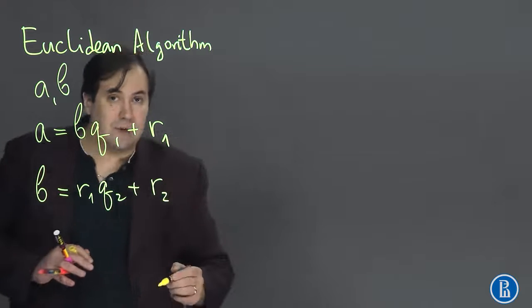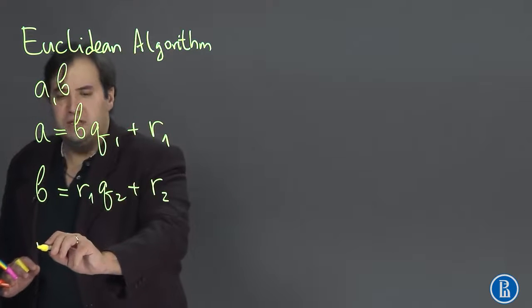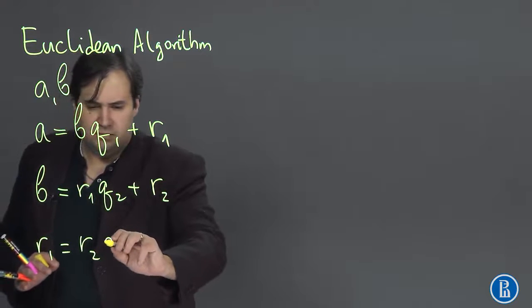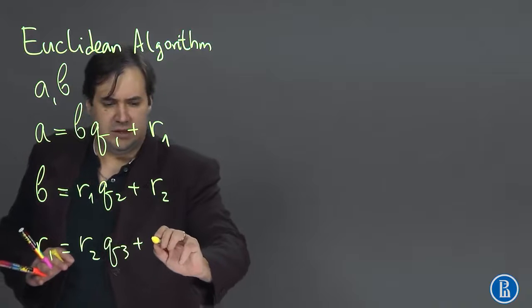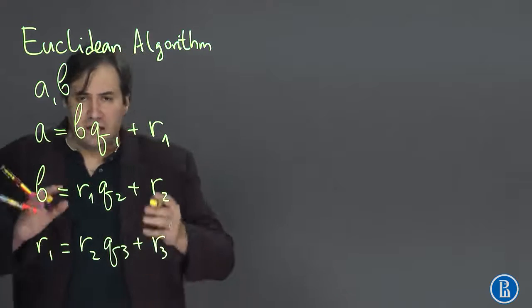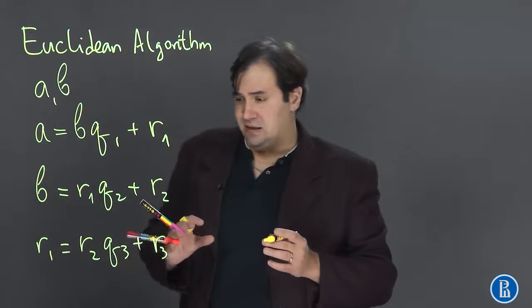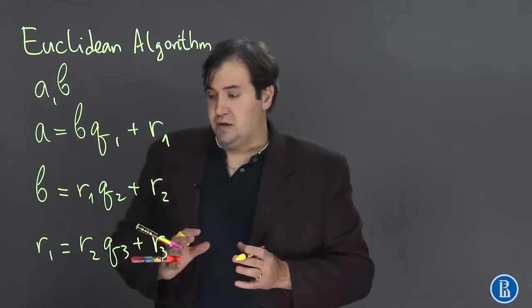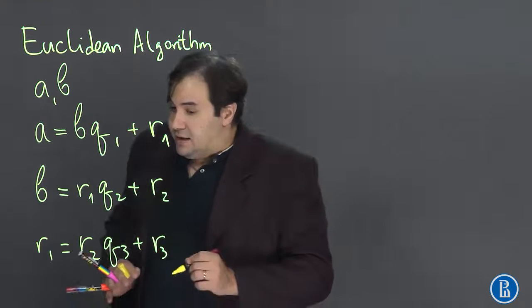We have a new remainder. Then R1 comes here and R2 comes here, Q3 plus a new remainder, and so on, until one of the remainders occurs to be zero. We know for sure that this will happen sooner or later.